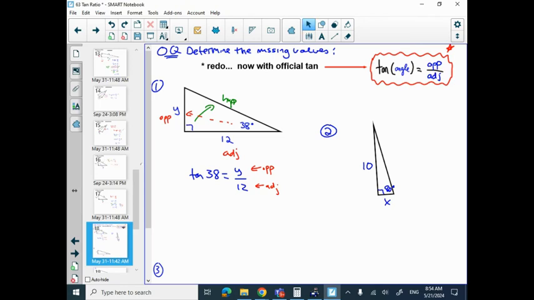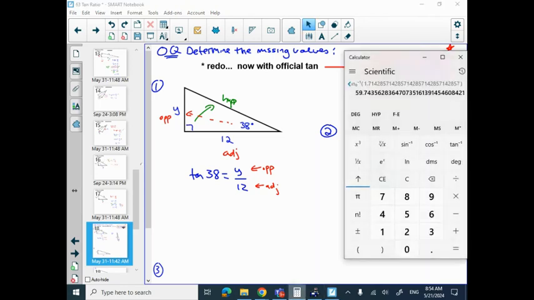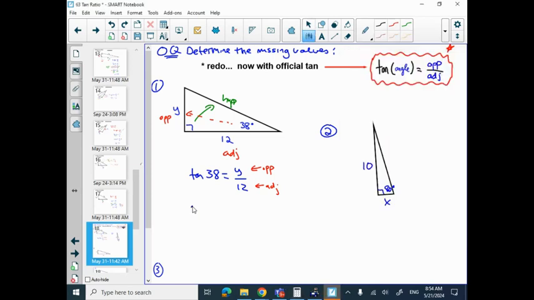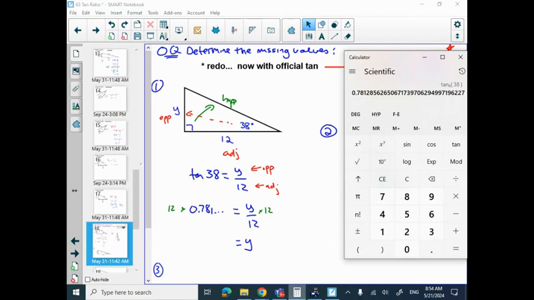So we're going to do tan 38. So clear that 38, do tan of that thing. 0.78, 1 dot dot dot equals y over 12. And so we just have to multiply both sides by 12. And so we get y equals that number there times 12.